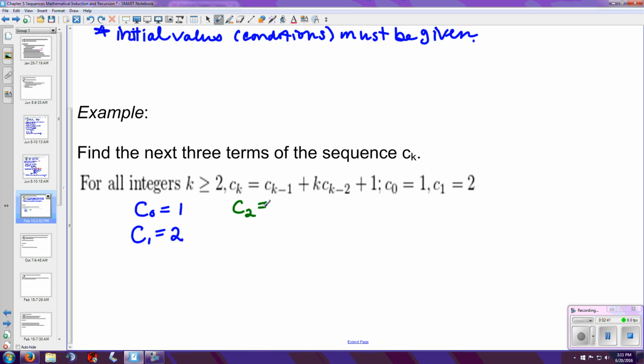C2. According to this formula, that's going to be C1 plus 2 times C0, since 2 minus 1 is 1 and 2 minus 2 is 0. And we know both C1 and C0, as those were our initial values, initial conditions, if you will.